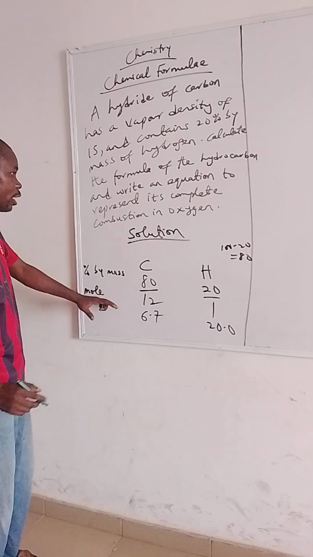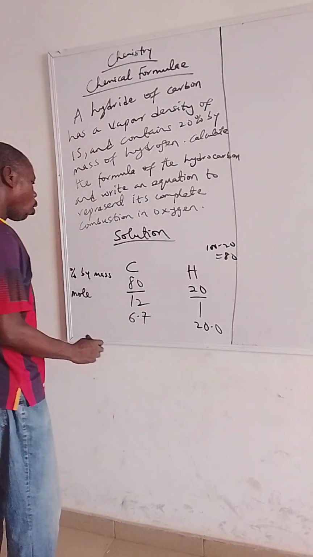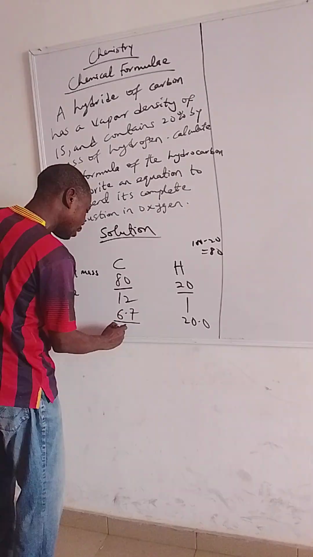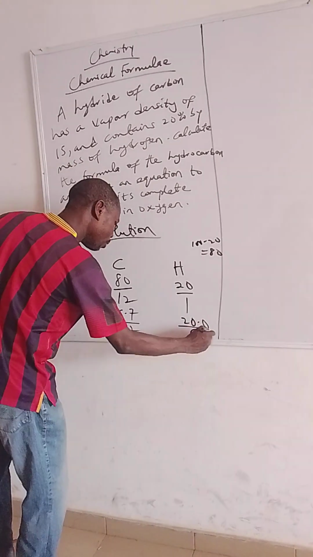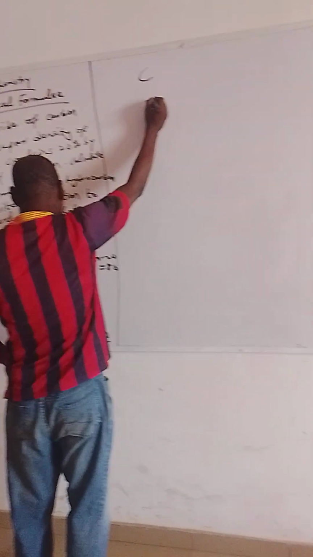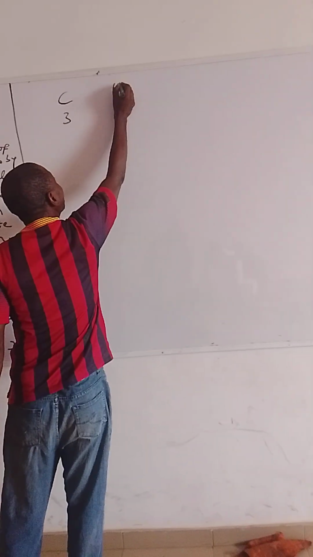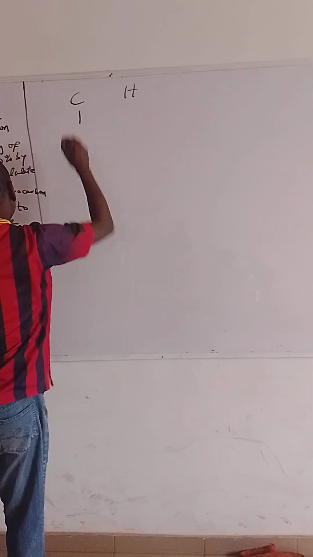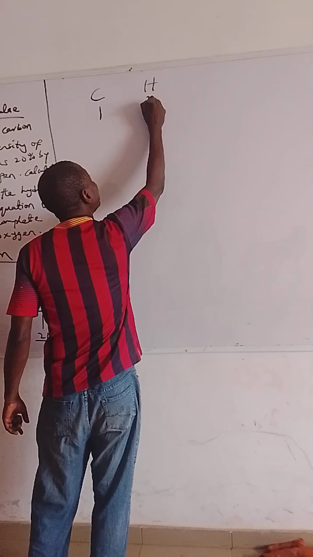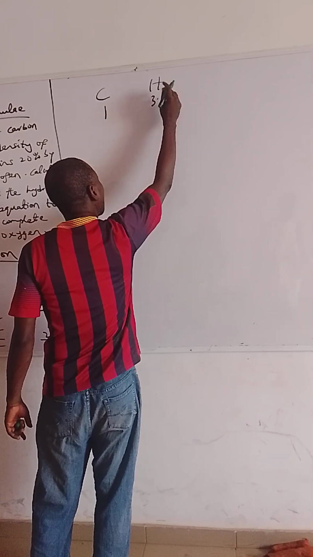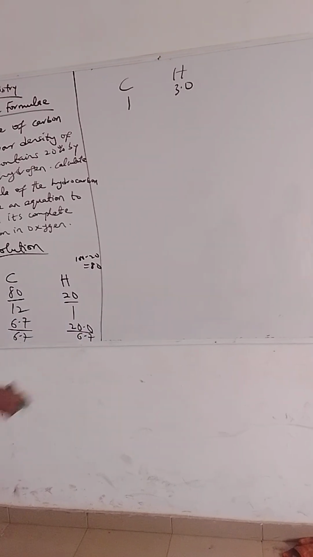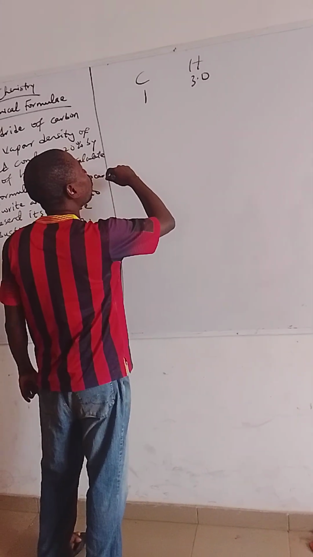So the next line of action is to divide by the smallest mole ratio. The smaller between the two is 6.7, so I'm going to divide both sides by 6.7. At this juncture, 6.7 divided by 6.7, for my carbon, I'm having 1. Then in the hydrogen part, 20 divided by 6.7, that is approximately 3. Let's say 3.0. So that gives the smallest whole number ratio.